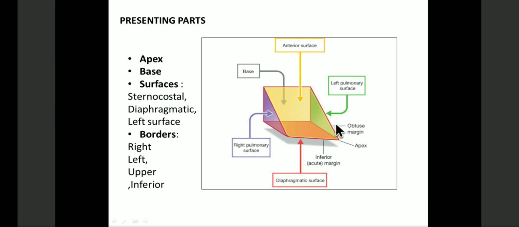Coming from the apex, going upwards is the left border. On the opposite side is the right border. Then there's a right pulmonary surface towards the right lung and a left pulmonary surface towards the left. What we see on the surface, once we remove the pericardium, is the anterior or the sternocostal surface. And posterior to this is the base.